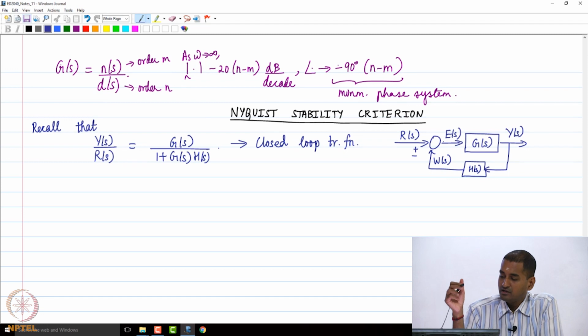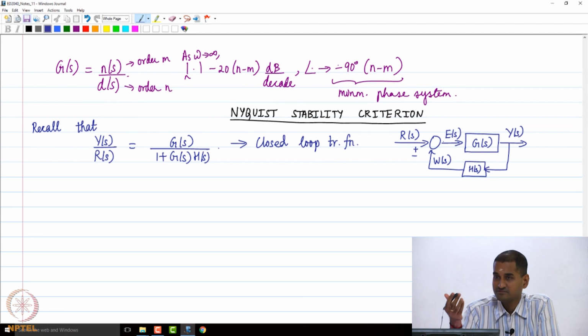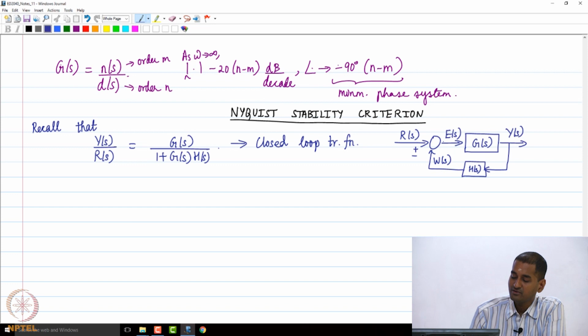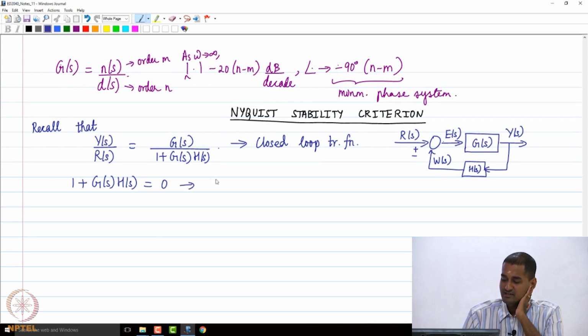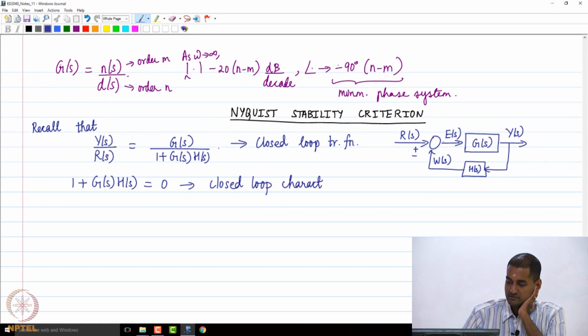Now, how do we once again determine whether the closed loop system is stable? I am only asking the same questions again, we are revisiting the same points. How do we check the stability of the closed loop system? We look at the closed loop characteristic equation. The roots of this equation are the closed loop poles.